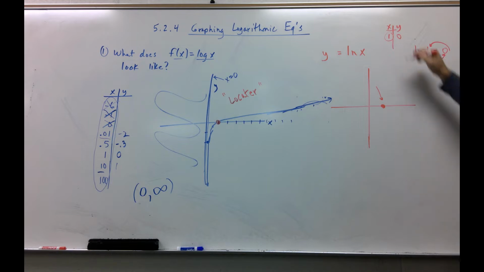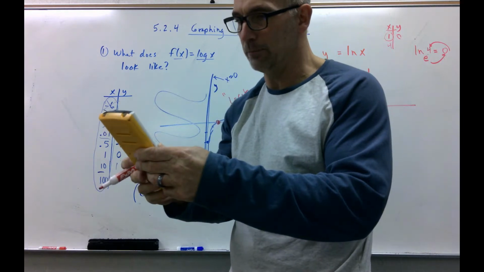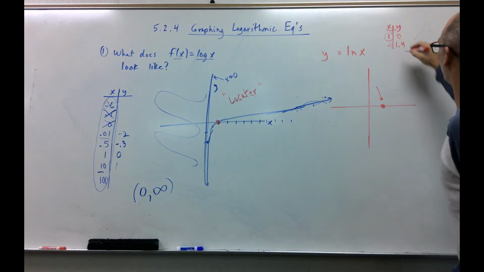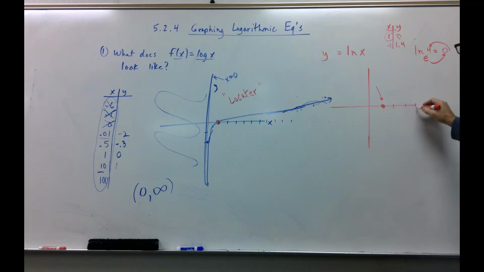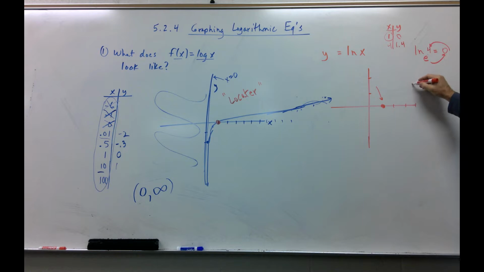And if I start typing in things like 4 for x, and I take my calculator, let's just do this one. I'm going to go natural log of 4. I get 1.4 approximately. 1.4. So 1, 2, 3, 4. 1.4 would be right about there.